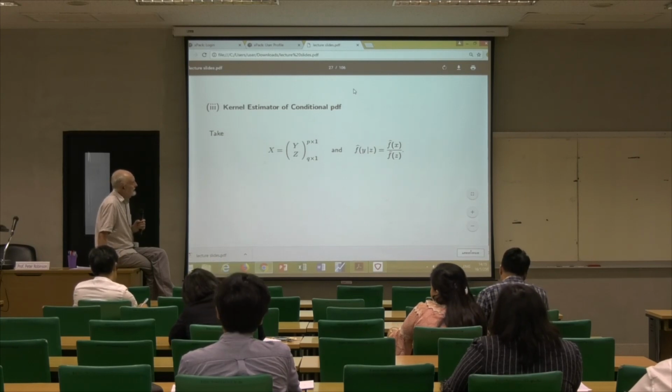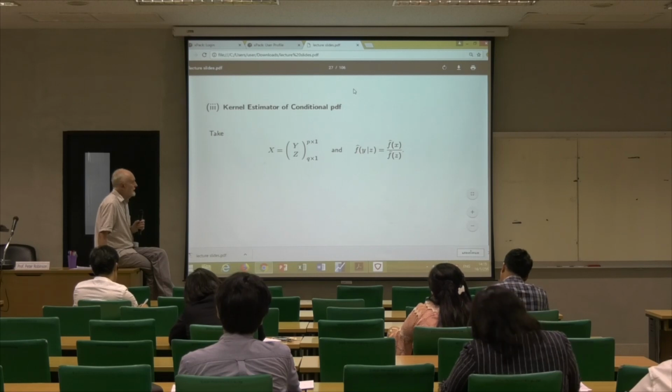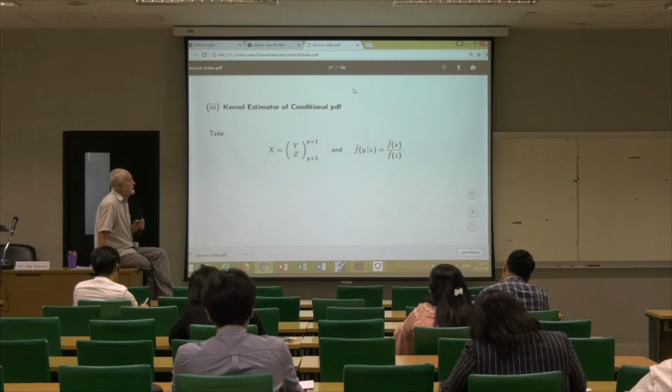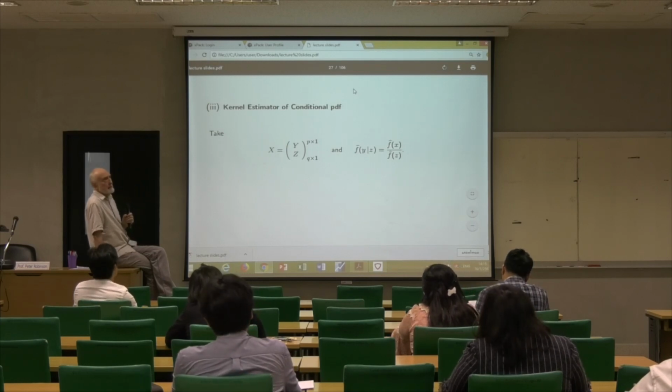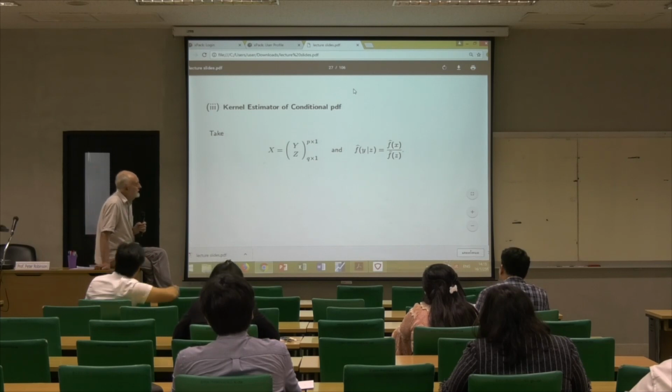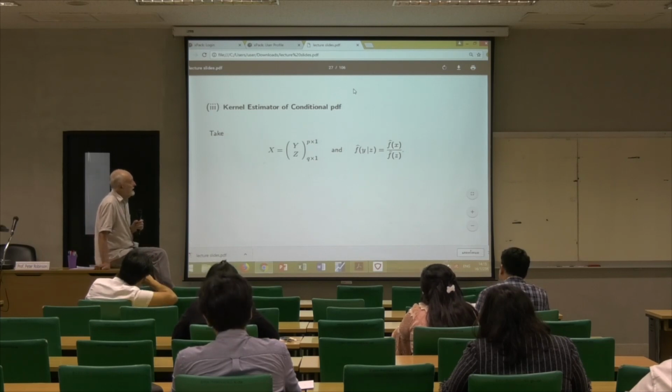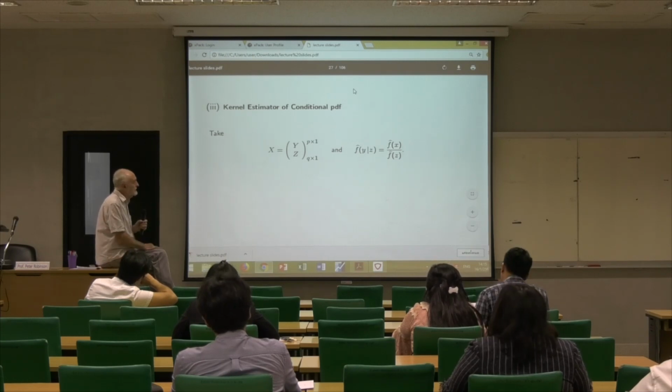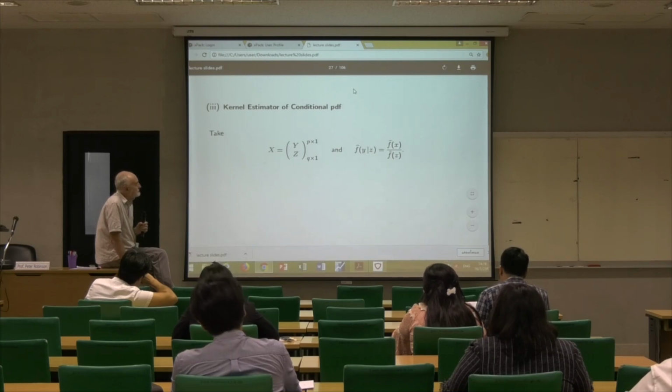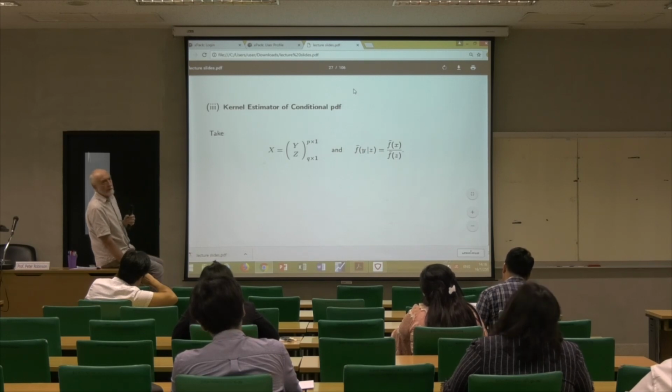Because the conditional density is the joint density divided by the marginal density, and since we know how to estimate a joint density, it's natural to just plug in the estimate into the basic formula for conditional density, as stated on the right-hand side. There's not really a more clever way of doing it than that.